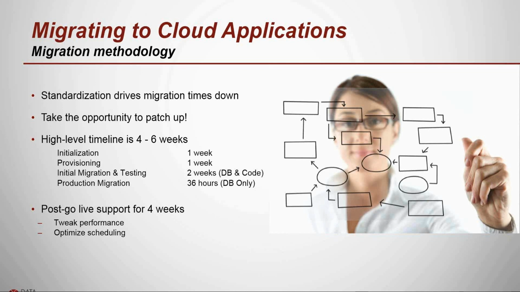Once all those issues are resolved, we either have the option of going forward with a production migration, which is basically a 2-iteration approach, or we do a second non-production iteration, which is what we did with AngioDynamics that you'll hear from Kim in a minute. And we move forward with the final migration after that. We also have a period of post-go-live support for about 4 weeks where we tweak performance, optimize scheduling, things like that.